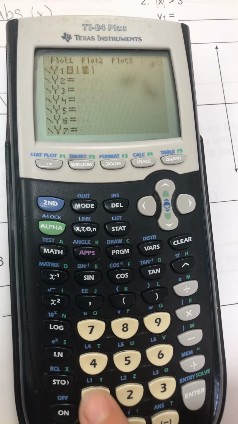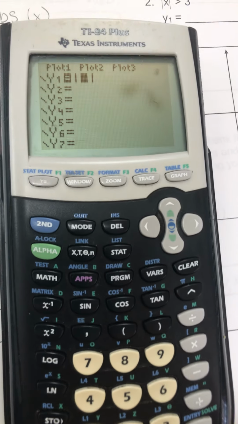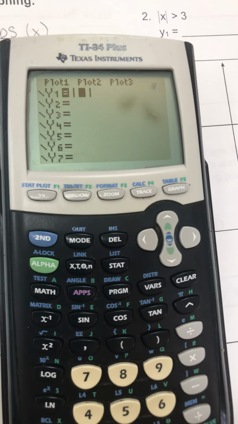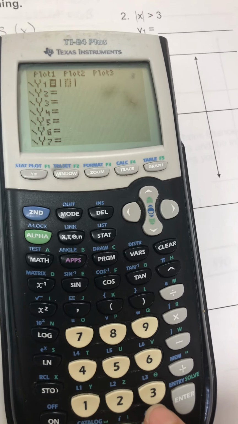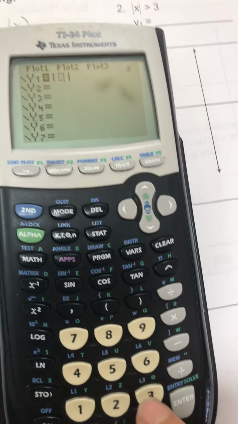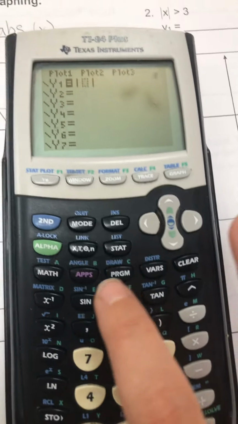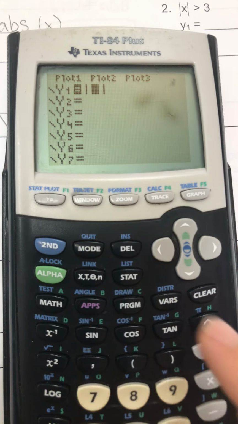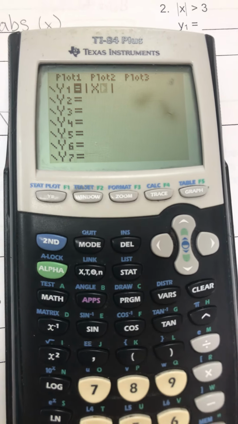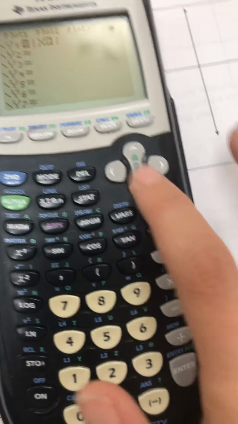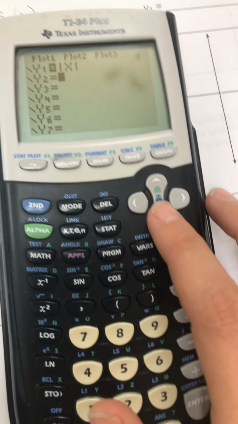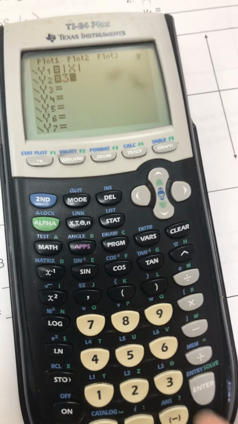So hit 1, and now your absolute value sign comes up. Now you need to put inside what's inside the absolute value sign. For this one, it's just X. So we're going to hit X right here. Now we're going to go down and hit 3. So that's what we're doing, the absolute value of X and 3.